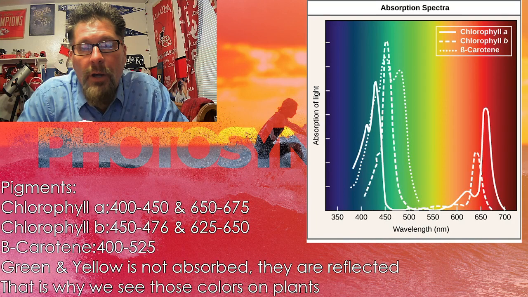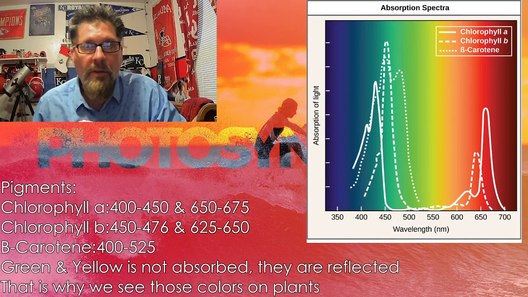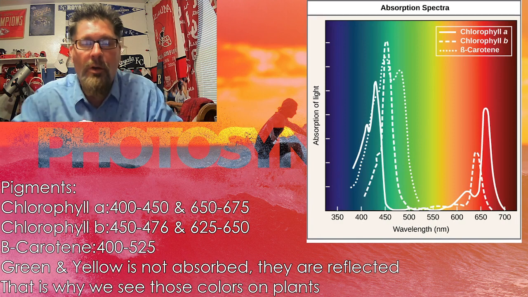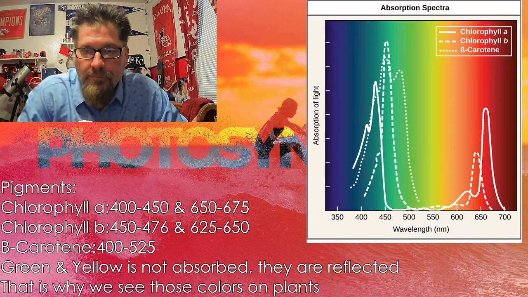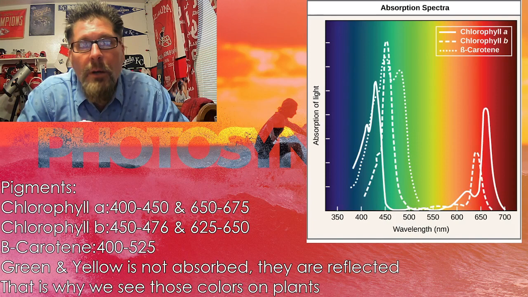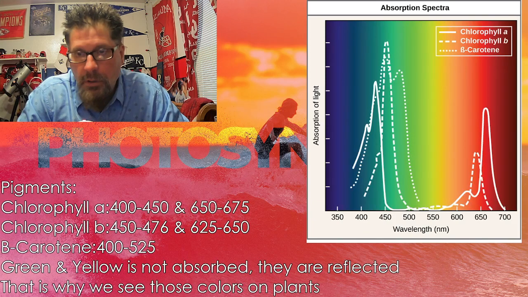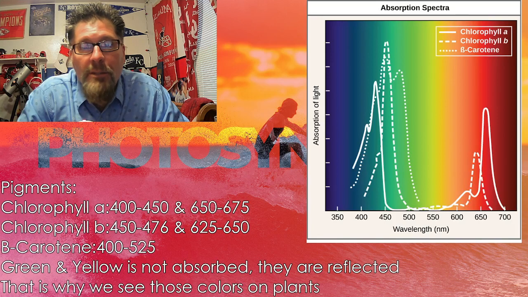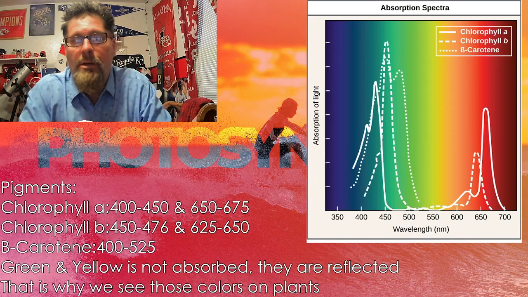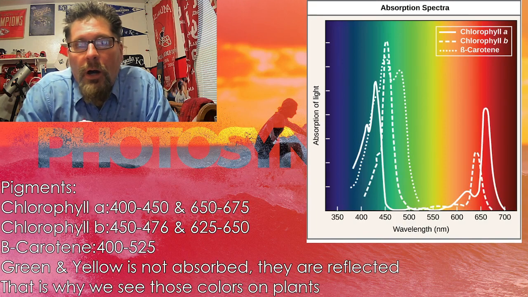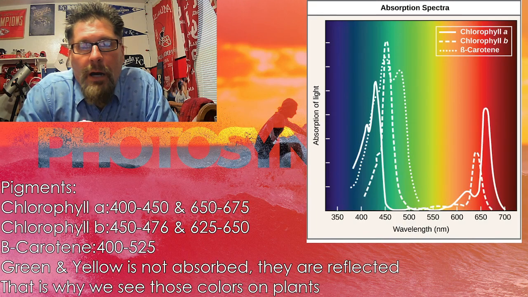And from a logical standpoint, the visual evidence of that is the reason why we see plants as green. It's not that they're actually green, per se, but that's the portion of the light that isn't absorbed. And if it's not absorbed, then as I mentioned earlier, it's reflected back, and that's the color that we see.